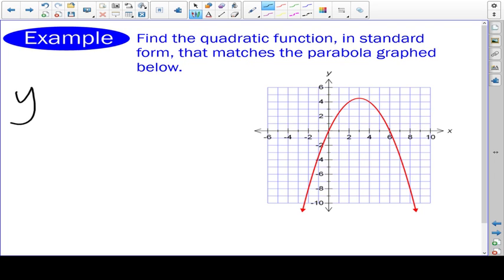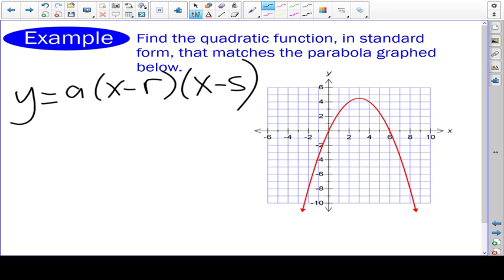if we could figure out what the x-intercepts are, we can write the equation of a quadratic in this form: y equals a times (x minus r) times (x minus s), where r and s are the x-intercepts.